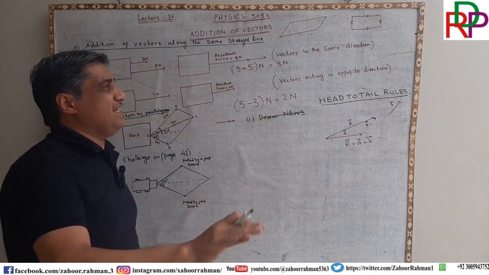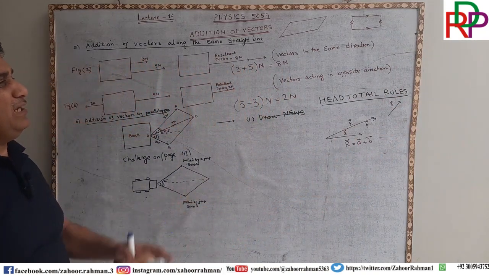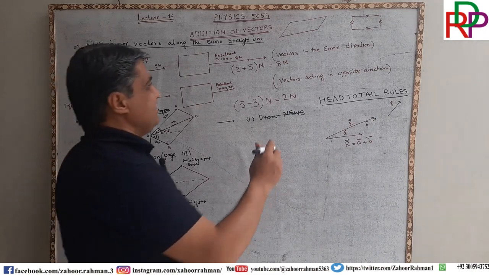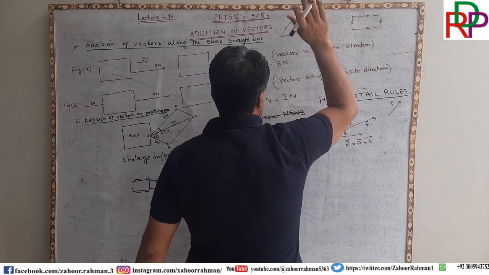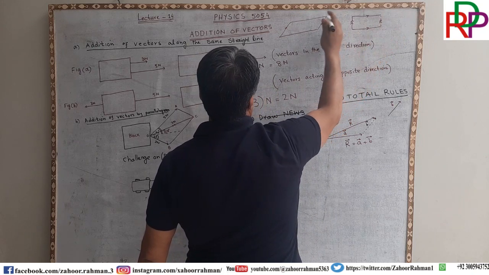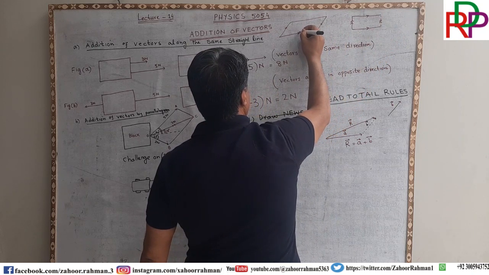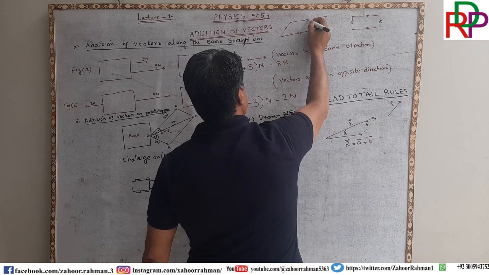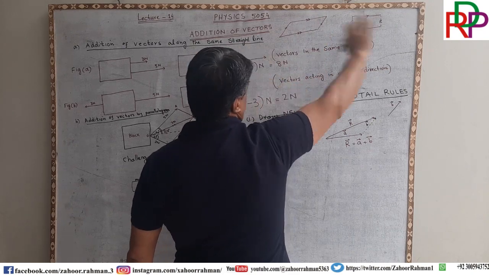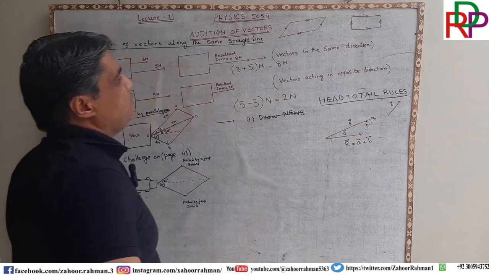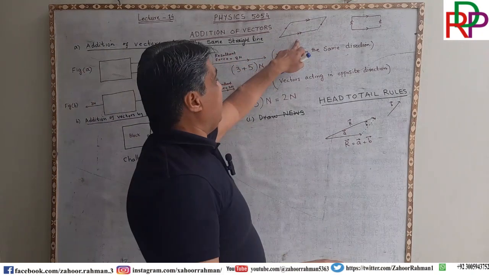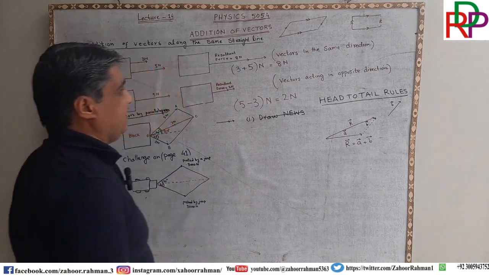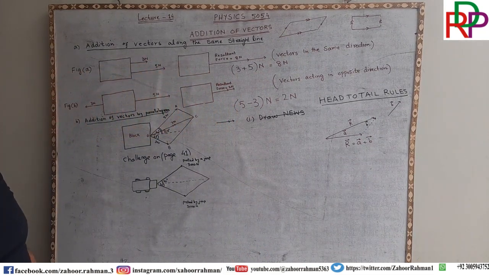According to that condition, it is called parallelogram, and this line must be parallel to this one and equal in magnitude, and similarly this line must be equal to this line and of the same magnitude and in the same direction. The actual parallelogram is this one about which we are talking in mathematics.